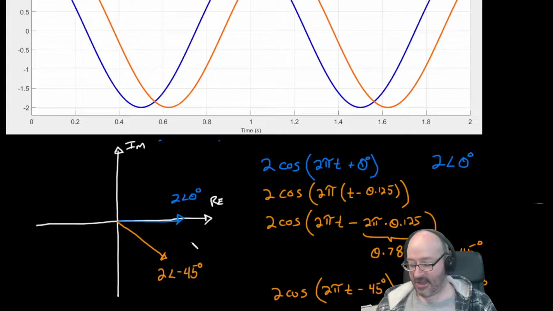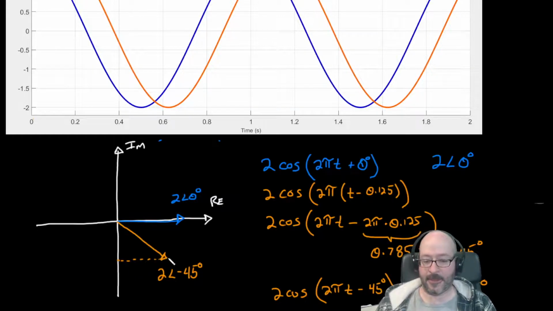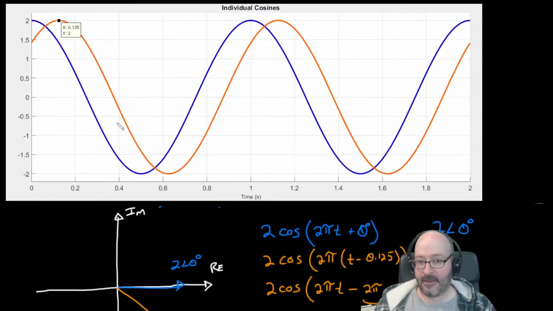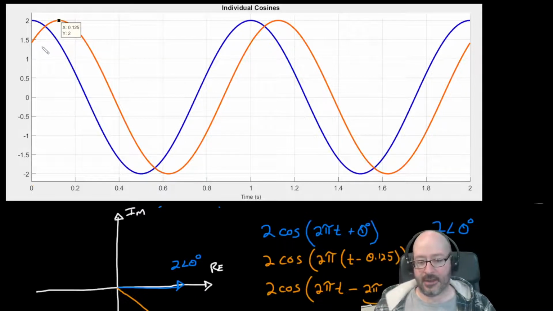If I look at the orange phasor, I'm interested in this distance from the tip back to the imaginary axis, and that's going to have a magnitude that's a little less than 2, right? And we see that it looks like it's 1.4, give or take. Okay, so these phasors represent what's going on here.